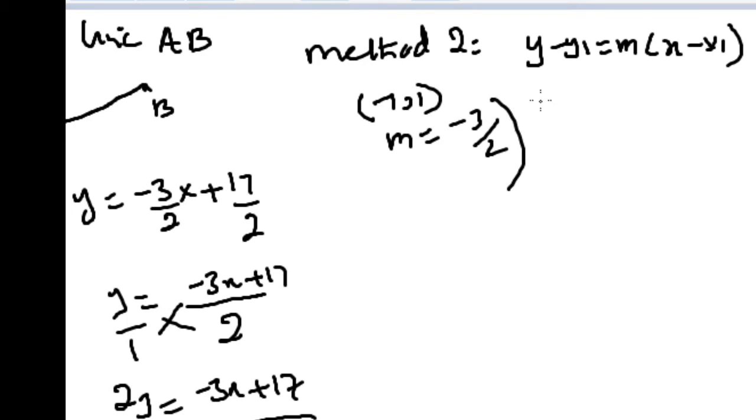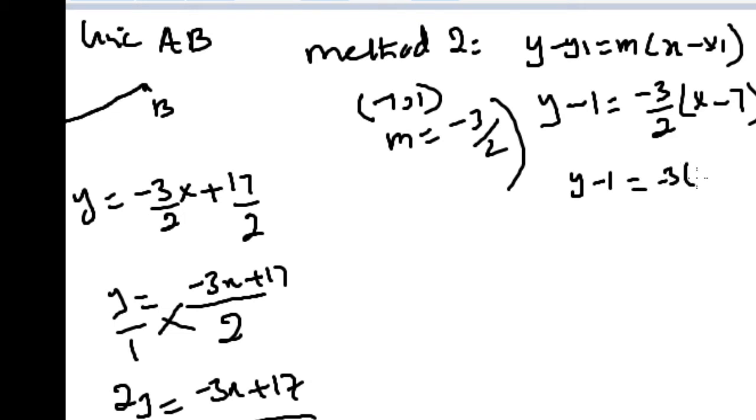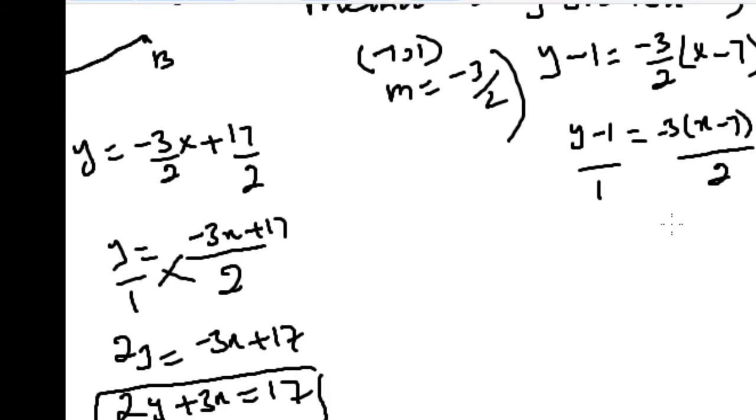Input these values here. This is x1, that is y1. So y minus y1, y1 is 1, and m is minus 3 over 2, x minus 7. So the result becomes y minus 1 is equal to minus 3 into x minus 7 over 2. So I'm doing the cross product here.